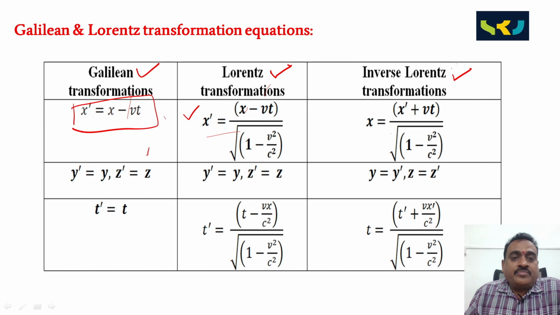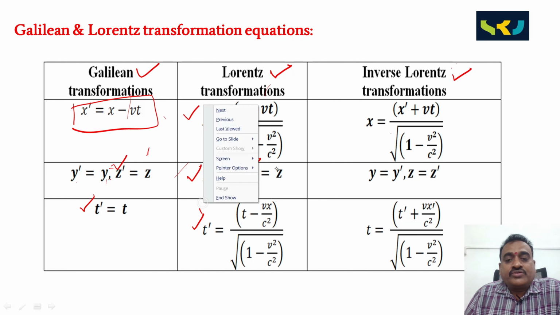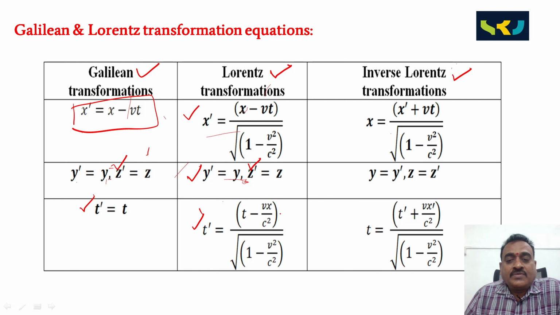I am comparing between Galilean and Lorentz transformation equations. So y dash is equal to y, here also same, z dash is equal to z, here also same. In Galilean transformation, t dash is equal to t. In Lorentz transformation, t dash is equal to t minus Vx by C square by root of 1 minus V square by C square.